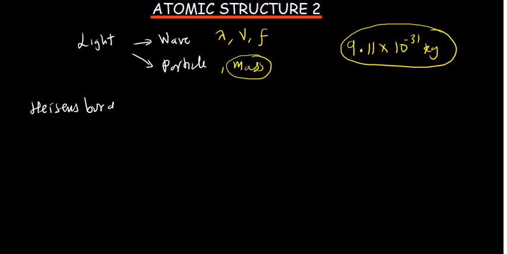He came up with his principle called Heisenberg's uncertainty principle, which says there is a fundamental limitation to just how precisely we can know both the position and the momentum of an object. That is called Heisenberg's uncertainty principle. We're going to understand it more.